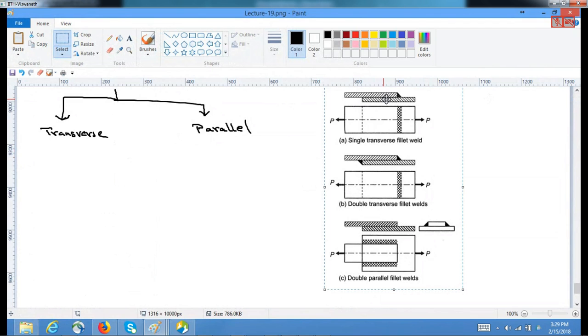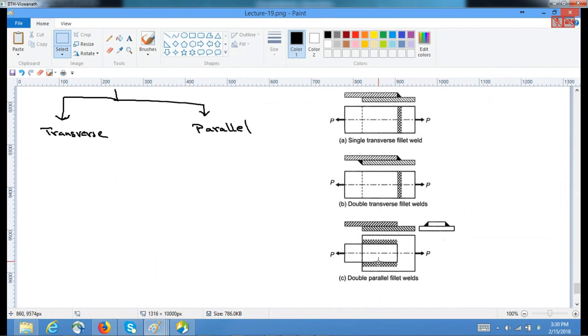They are overlapping each other, and you can see a small fillet cross section which is approximately triangular, a black triangle here. That is the fillet cross section, and in the transverse case it is running perpendicular to the application of force. This is the length of the weld, which is perpendicular to the direction of the force. And in this case, there are two such fillets, one attaching the top plate and one the bottom plate. So this is called double transverse fillet.